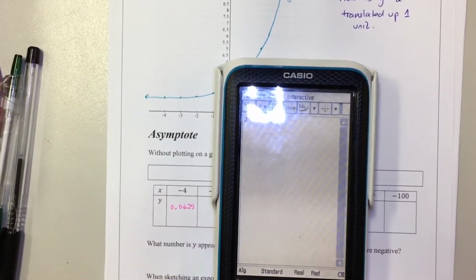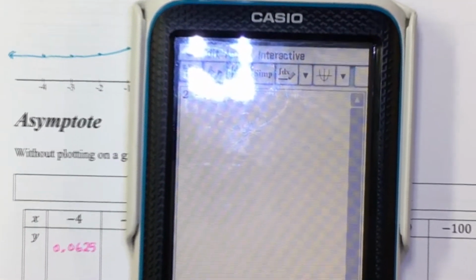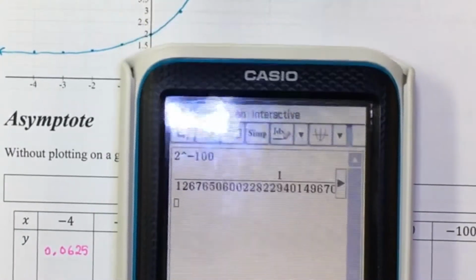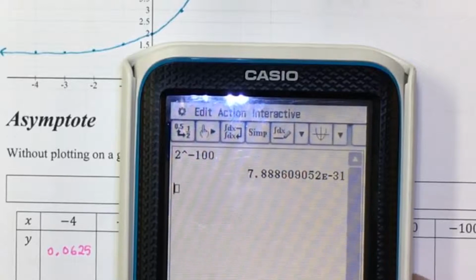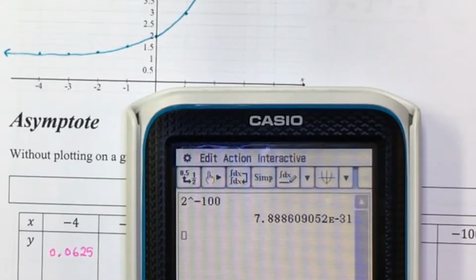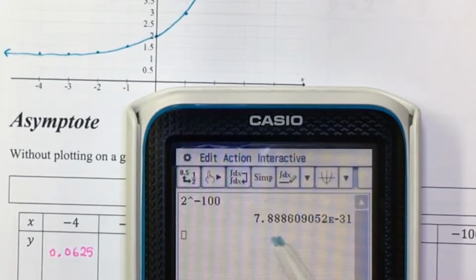We'll get it off standard and into decimal form. And what you'll see is it listed here as 7.886 e negative 31. Has anyone seen that e before in a calculator? Put your hand up if you've seen it or know what it means. Mr. Schwab. Well, that's what the word would mean, but it's a very specific mathematical calculation. That e, yes.